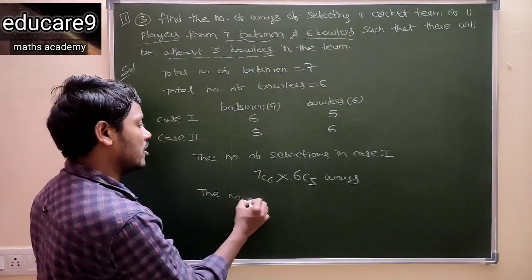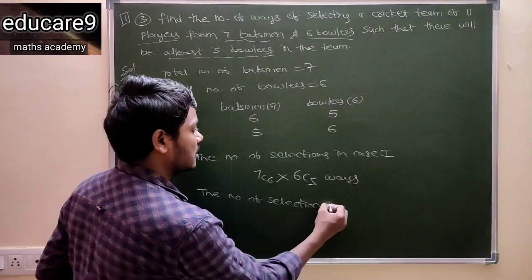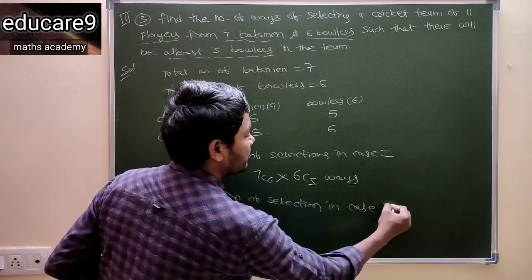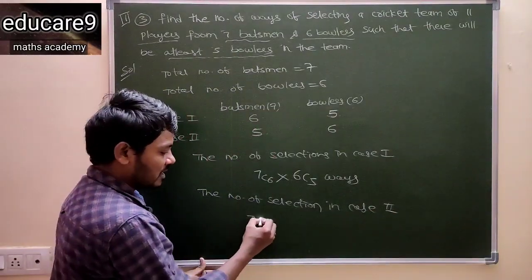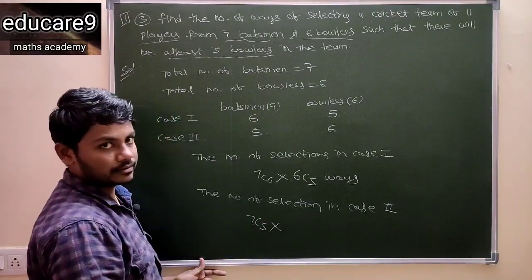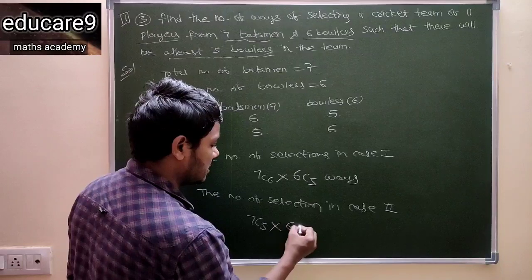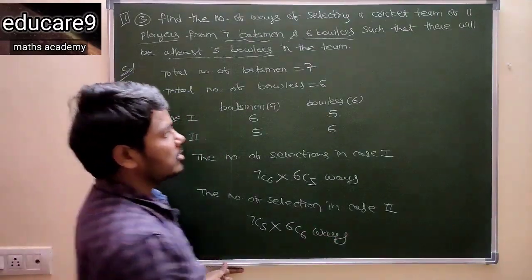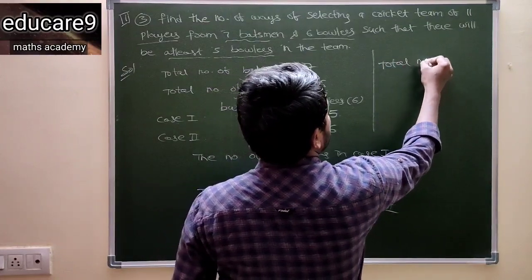See here the number of selections in case 2. To select 5 batsmen out of 7, that is 7C5 into to select 6 bowlers out of 6, that is 6C6 ways. Okay.